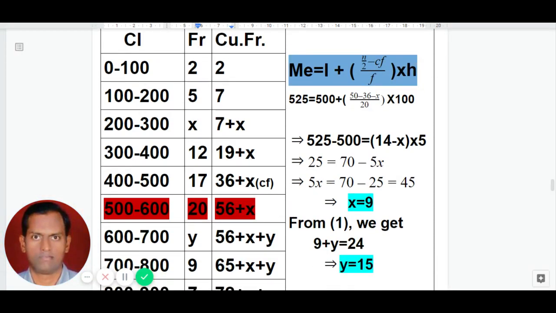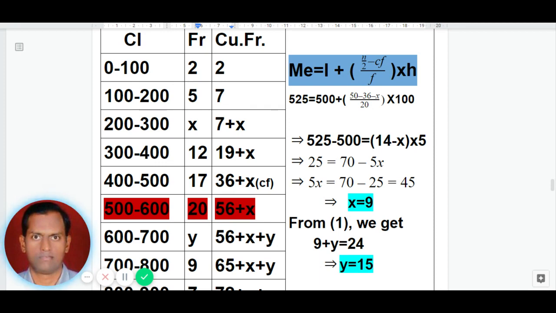Now median is equal to L plus n by 2 minus CF by F into H. By substituting the values, we obtain 525 is equal to 500 plus 50, n by 2 is 50, minus CF, 36 plus x, by F, F is 20, into H, H is 100.